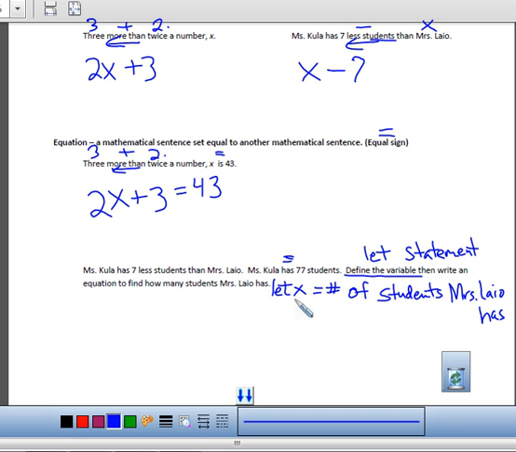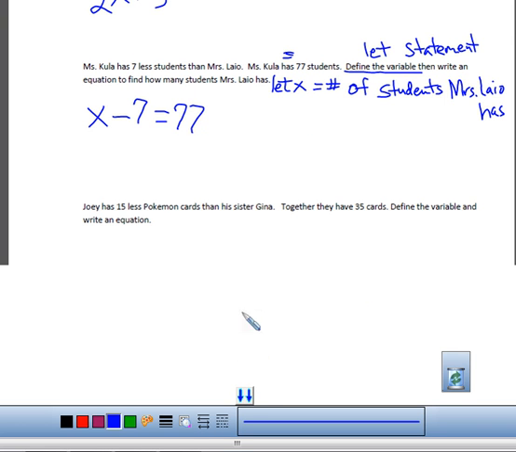If Mrs. Leo is x, we're going to do x minus 7, just like up above. But now we can say, well, Mrs. Kula has 77 students. So there's our equals, and it's 77. So Kula has 77. Leo has some number, and then if we subtract 7, it would be the same as Kula. So to find out what Mrs. Leo has, we would just add 7 to both sides.